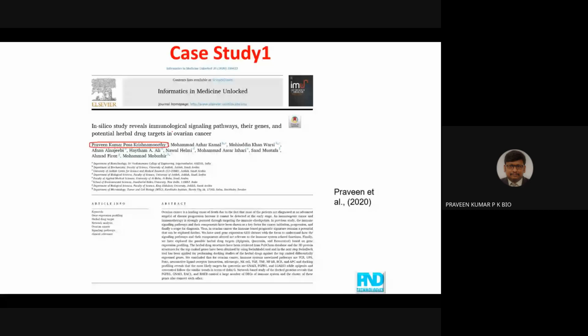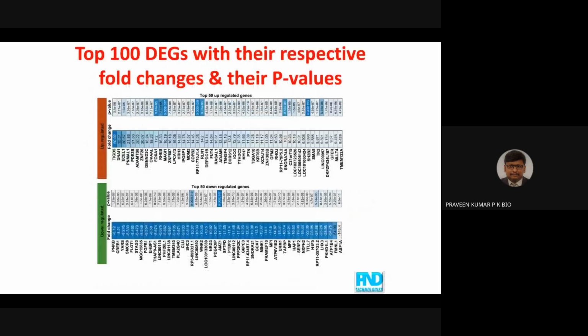This is a paper published in 2020 in Informatics in Medicine Unlocked, a reputed journal. Here initially I took the top 100 differentially expressed genes, that is the top 50 upregulated and top 50 downregulated genes, from thousands of genes.